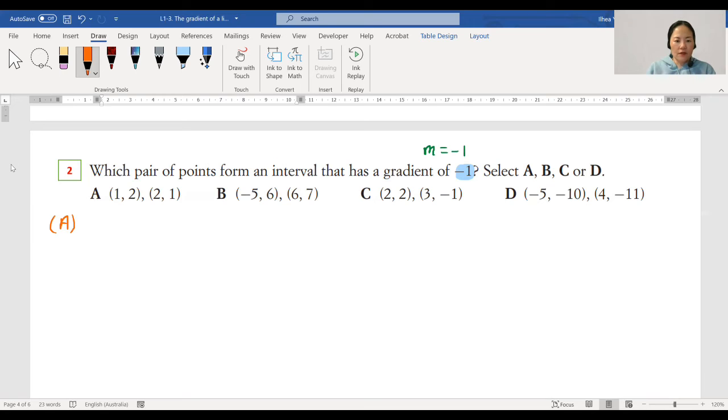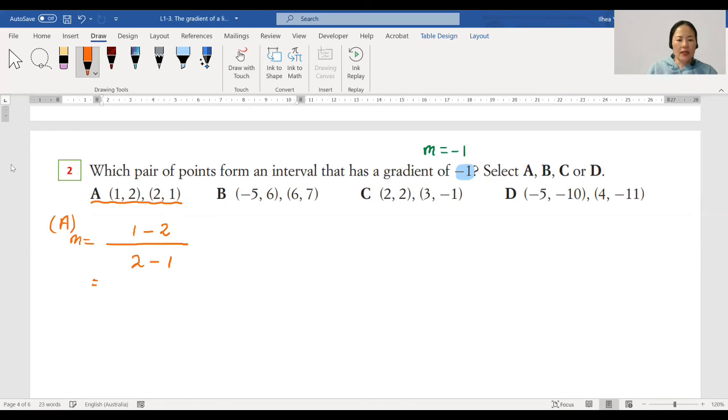So I'm doing the first one, A, m equals, which one is my y2? 1. 1 minus, what's y1? 2. What's my x2? 2. What's my x1? 1.